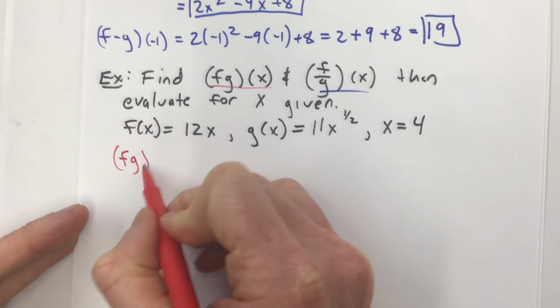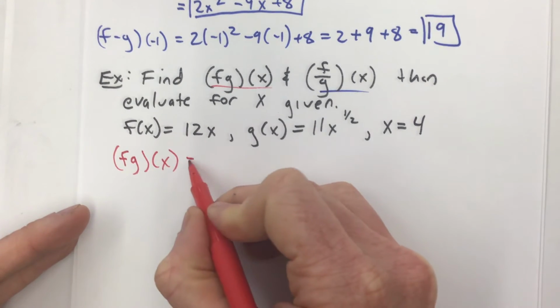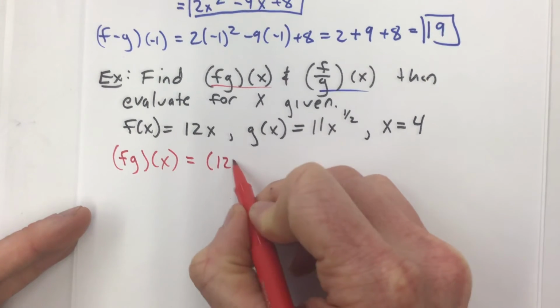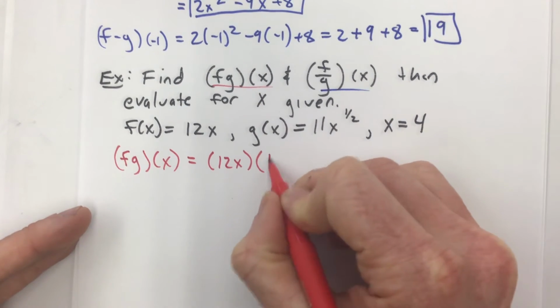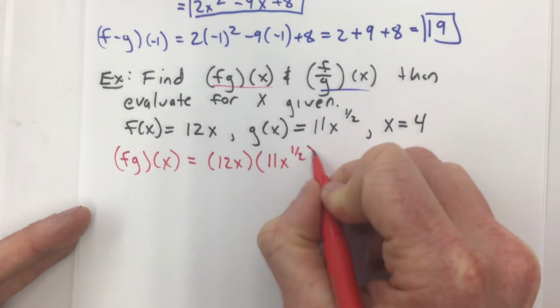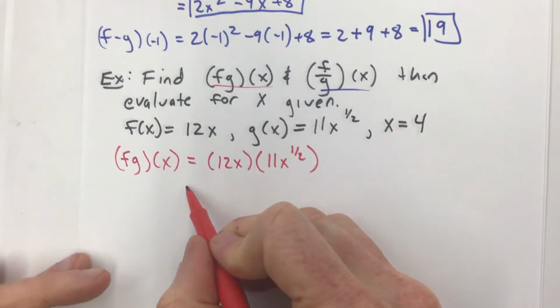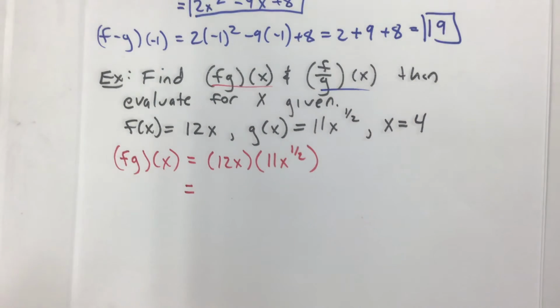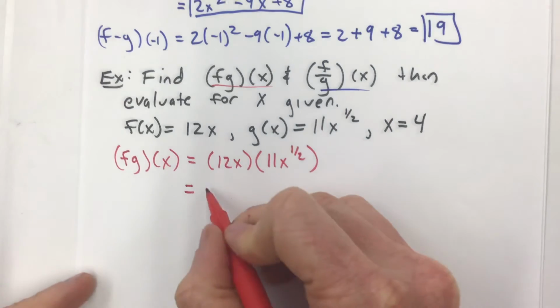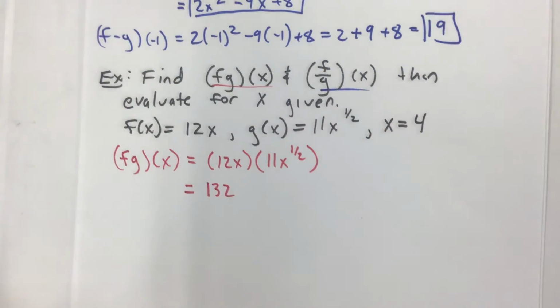F times g of x becomes 12x times 11x to the 1/2 power. This is already as a fractional exponent, which is great. All right, it means I don't have to do any changing there, which is awesome for this initial part. All right, so I get 12 times 11, which is 132.